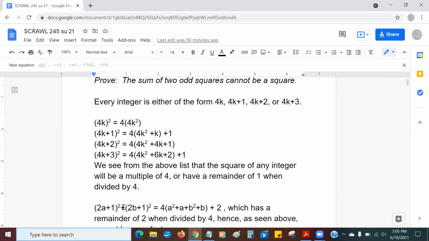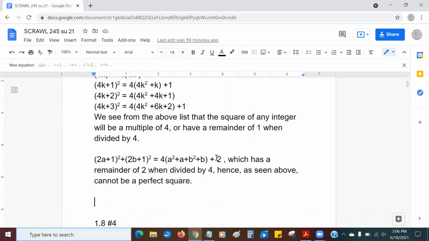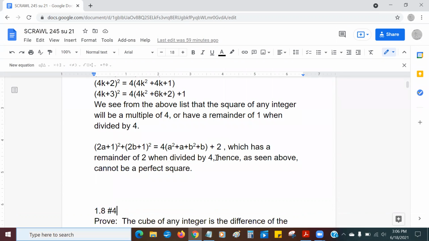The fact that when I add 2 odd squares I get a number which has a remainder of 2 shows, from our original argument, that it cannot be a perfect square. And that's the story, that's the argument, that's the proof. Yay. Okay, next one.